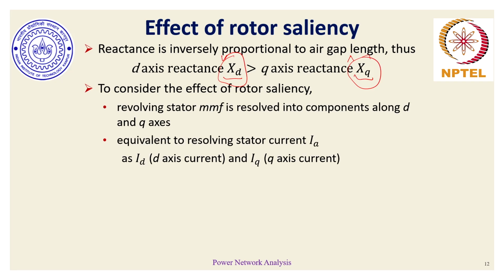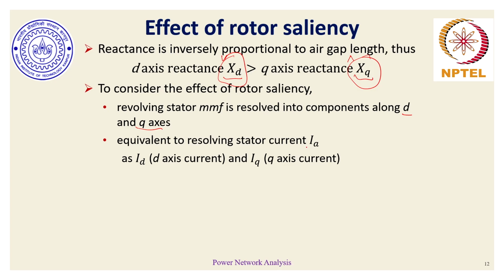What we do is resolve the stator MMF, specifically the armature reaction MMF, not the leakage component, along two axes. One is the direct axis, the other is the quadrature axis. The stator MMF resulting from the direct axis current is not aligned with the stator MMF coming from the quadrature axis current.